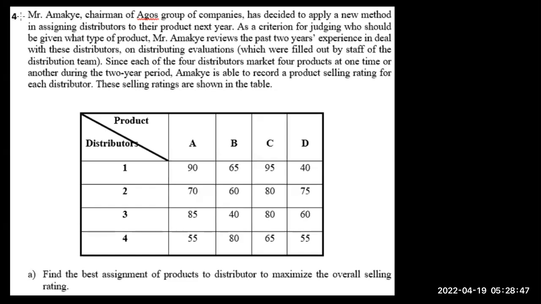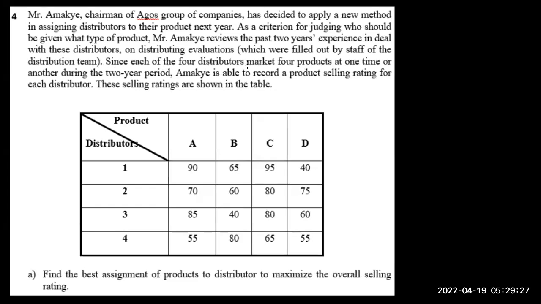Okay. Mr. Amachi, chairman of... I mentioned that this part of my screen is not clear, but I think it's Agok because I've read this question before. Chairman of Agok Group of Companies has decided to apply a new method in assigning distributors to products next year. As a criterion for judging who should be given what type of product, Mr. Amachi reviews the past 2 years' experience in dealing with these distributors on distributing evaluations, which were filled out by staff of the distribution team.